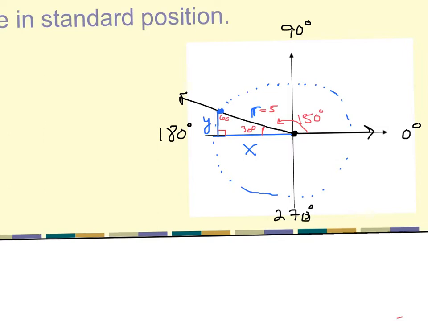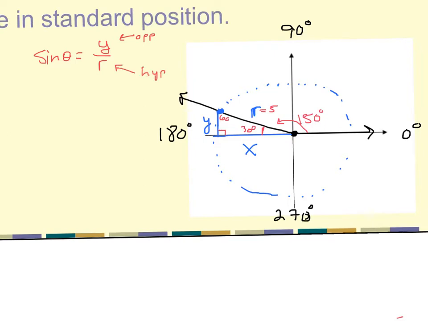Okay, so I am going to say that sine of some angle is equal to the opposite over the hypotenuse, which means that's going to be y over r. This is the same as opposite because our y value is our opposite and our r value is the hypotenuse.